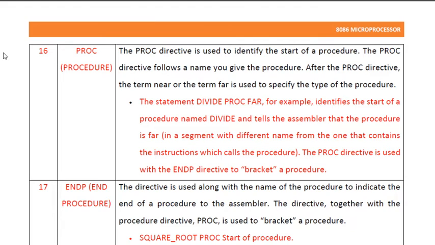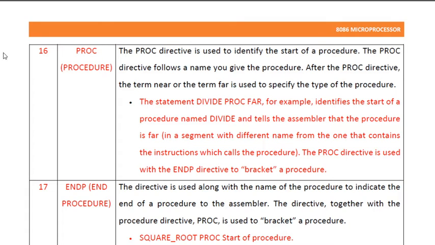You need to always ensure that the procedure terminates with the help of the ENDP directive. ENDP is used to mark the end of the procedure. So PROC along with ENDP is used to encapsulate a procedure.